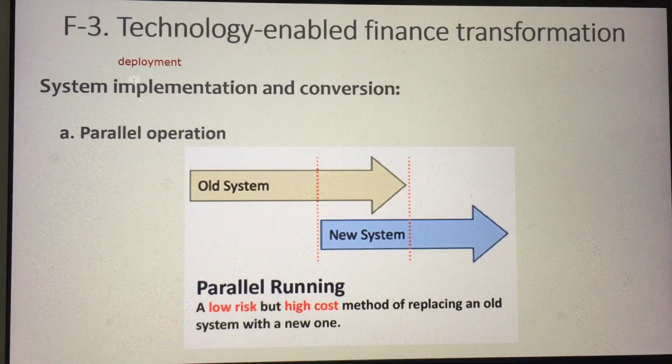Okay? Now, there are different ways wherein we can implement or deploy a system into the production environment. Okay? So, pag sinasabi na nating deployment, pag sinasabi na nating implementation, lahat po to will go to our prod environment.